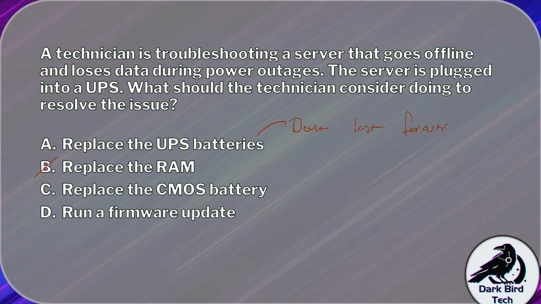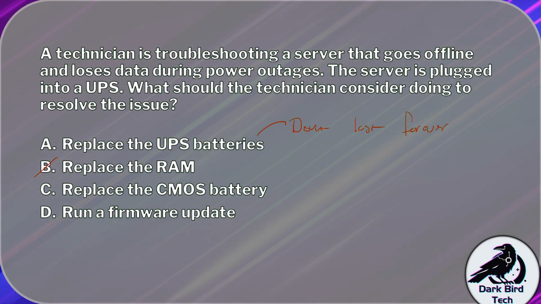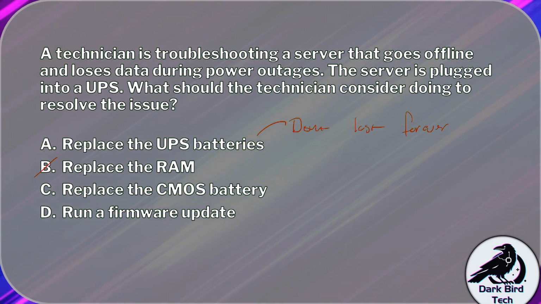Replacing the CMOS battery, that could be a viable option if the problem was the computer is booting up with the incorrect date and time settings, or any custom or non-default firmware settings are not being maintained when the computer is unplugged from power.